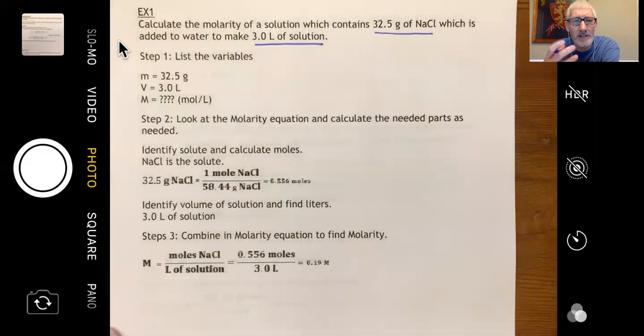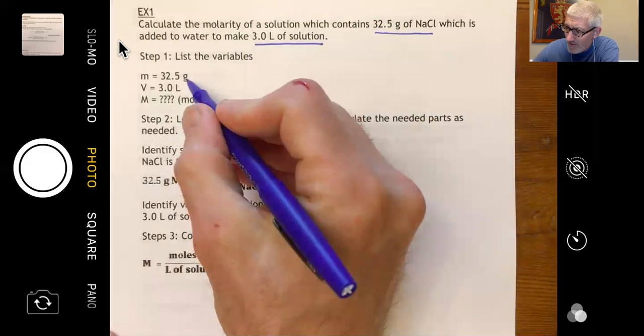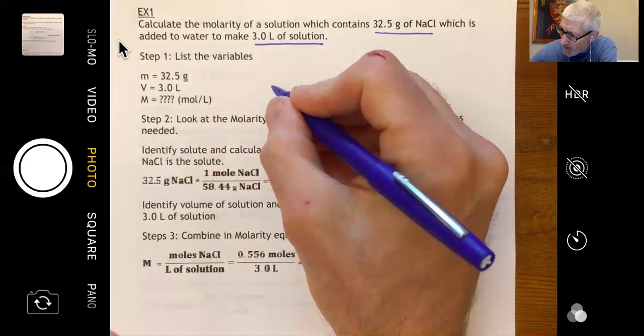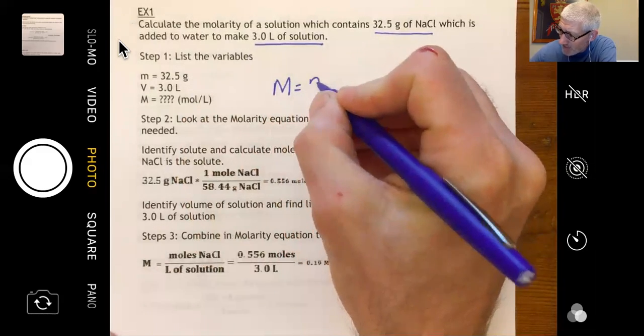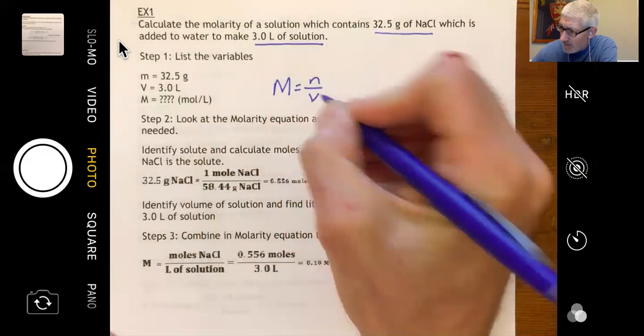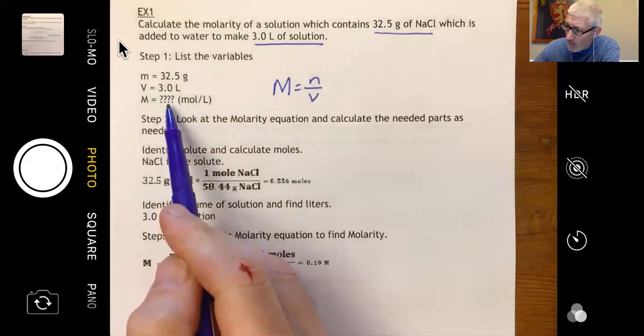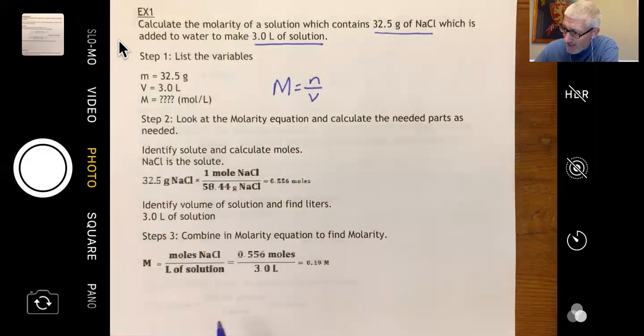So step one here, as I've said, list the variables. This is a mass. So if we're thinking about determining molarity, we're going to want to remember that we want to convert mass to moles. We know the volume and we want to find molarity M.